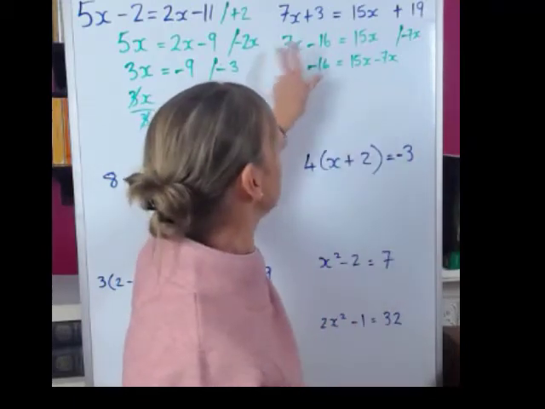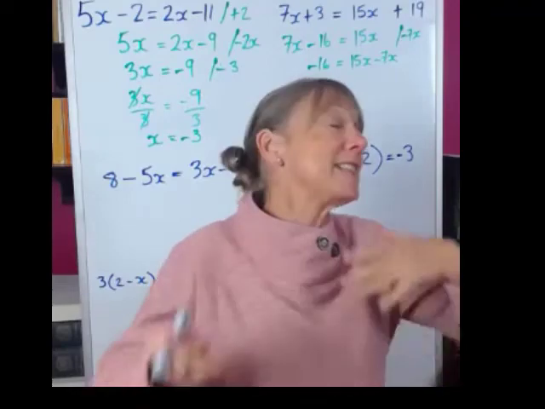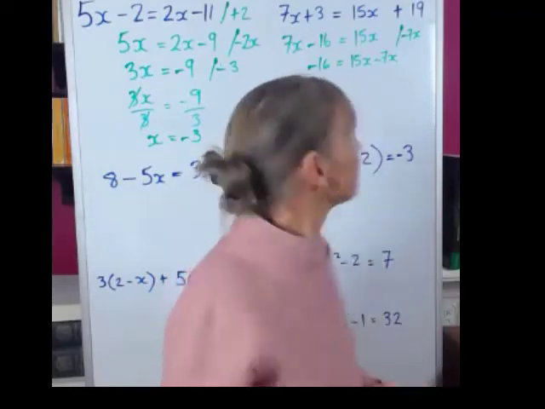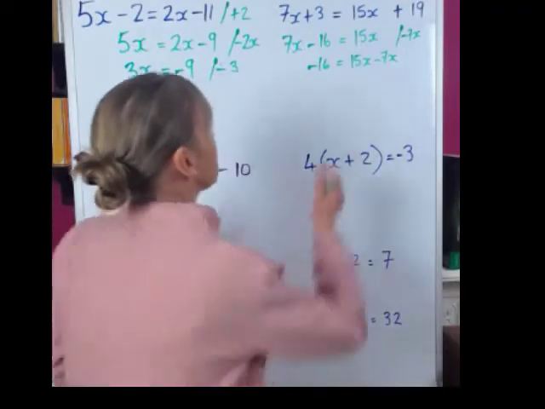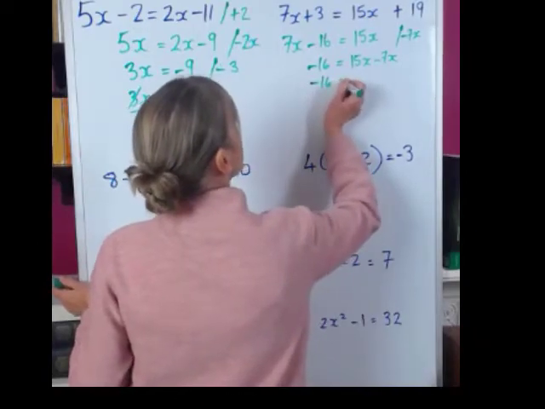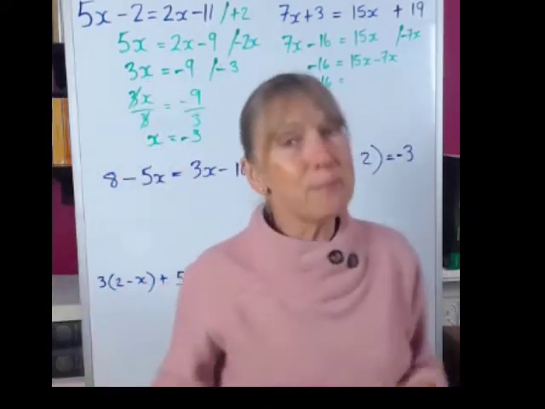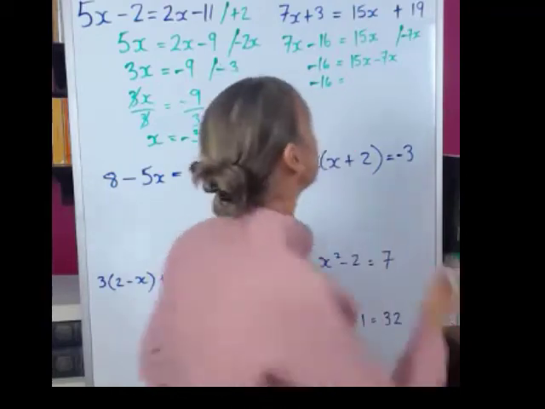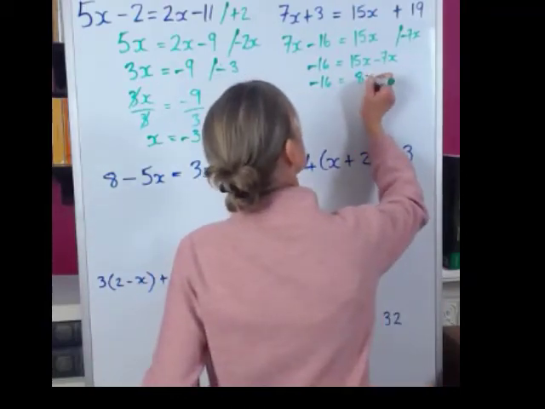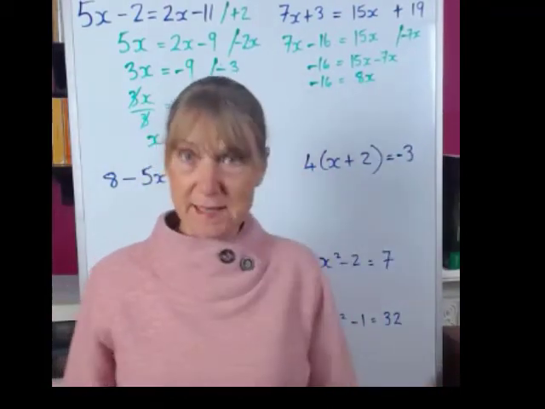If it was negative there, it would have to be plus there, and it keeps the equation balanced. So let's tidy this up a bit. I've got minus 16, I've got 15 lots of x minus 7 lots of x, so that's 8 lots of x. Good, it's getting simpler.